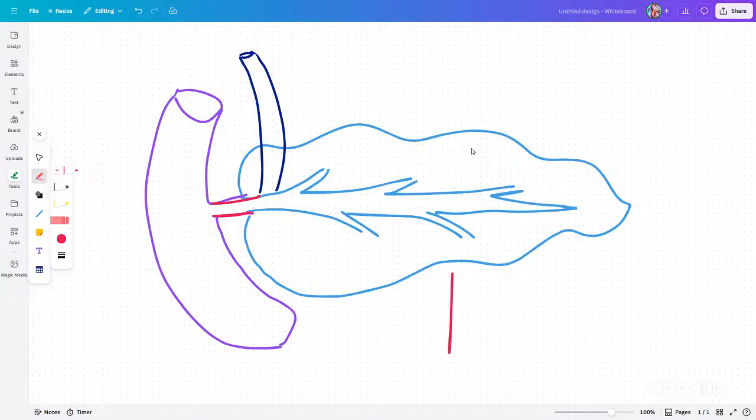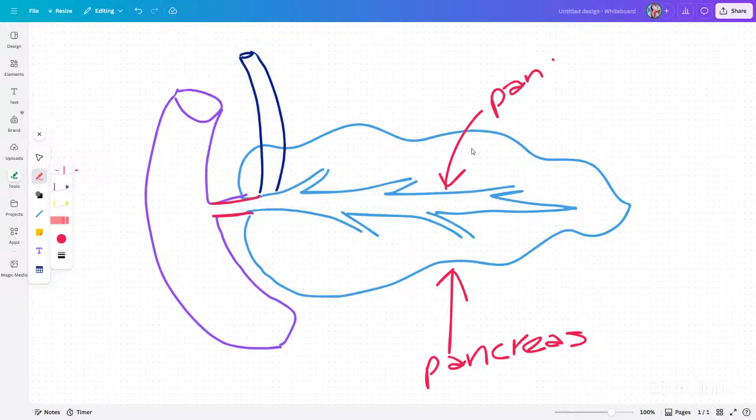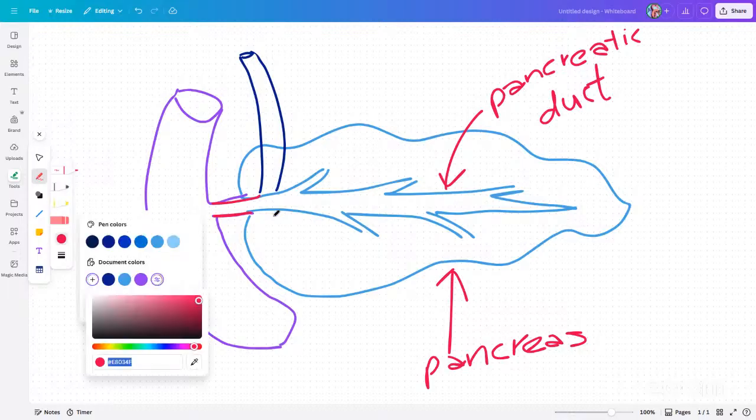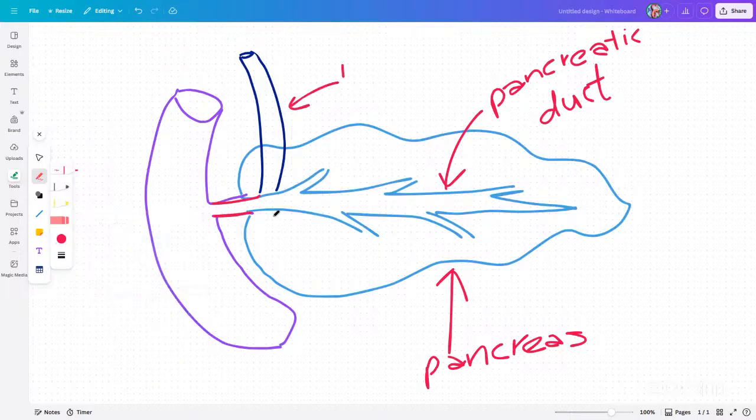All right, so this is the pancreas, and this is called the pancreatic duct. You have pancreatic enzymes which are going to be released. So this is the pancreas, and this is the pancreatic duct. Now this is the bile duct. First of all, let me label this. May I know from which organ this duct is coming?